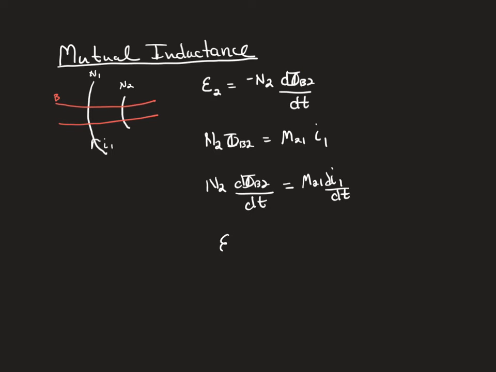So I can rewrite that the induced EMF in coil 2 is equal to the negative of our proportionality constant times di, and remember di is from the first coil, divided by dt, where this proportionality constant is going to depend on the geometry of the coil.